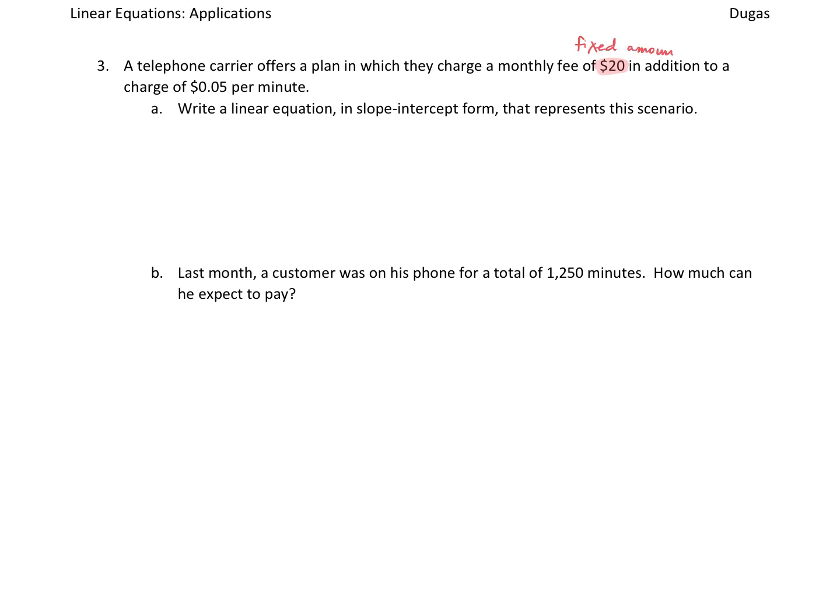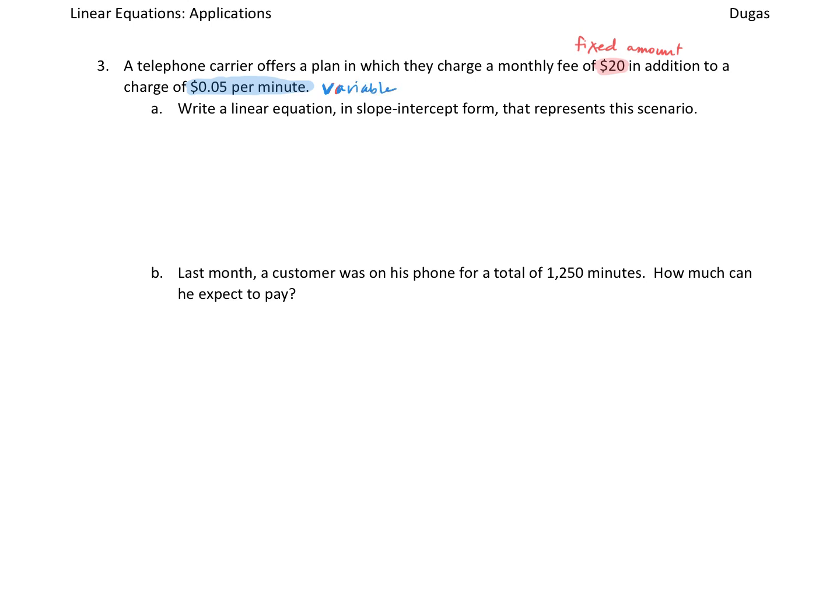So if you never use your phone, you're paying $20. If you use your phone a whole bunch, you're going to pay the $20 and then a charge per minute, right? And so that brings us to the variable cost. There's a variable cost here. The variable cost is 5 cents per minute.